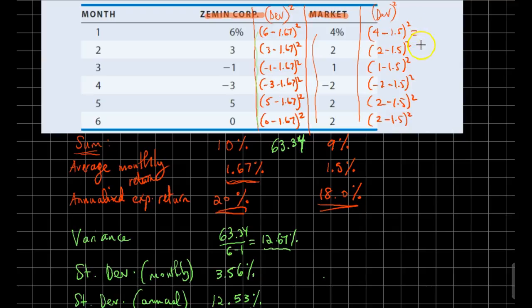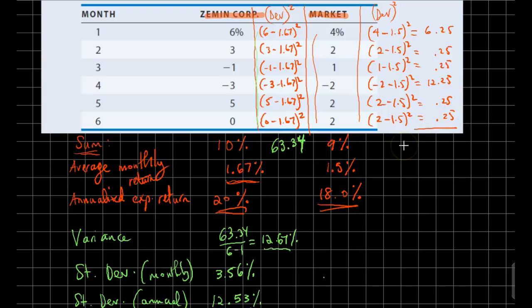So 4 minus 1.5 is 2.5, 2.5 squared is 6.25. I don't worry about the percent sign because ultimately I'll take the square root when I go back to standard deviation, so things will be normal. 2 minus 1.5 is 0.5, 0.5 squared is 0.25, 1 minus 1.5 is again 0.5 squared is 0.25, minus 3.5, 3.5 squared is 12.25, then we have 0.25 here, and another 0.25 here.